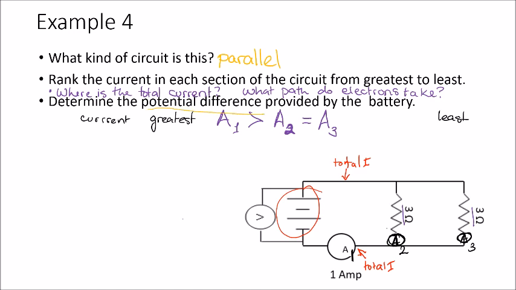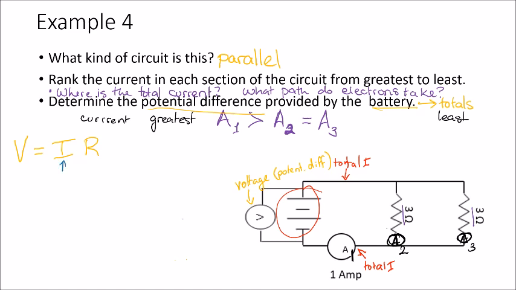Determine the potential difference provided by the battery. So remember, potential difference is another word for voltage. And the battery gives us a hint that we're looking for totals. So potential difference equals current times resistance.